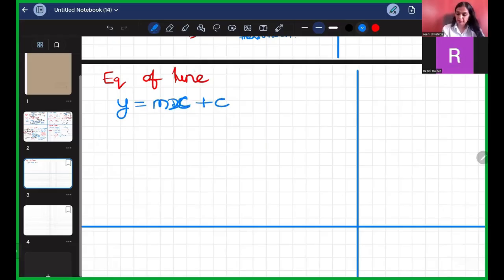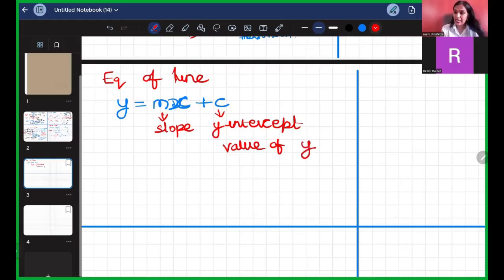So what is m? m is nothing but the slope, which we just discussed. And c is nothing but the y-intercept. So what is the y-intercept? This is the value of y when x becomes 0. This is also asked in SAT math questions.